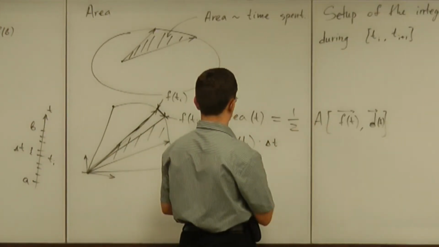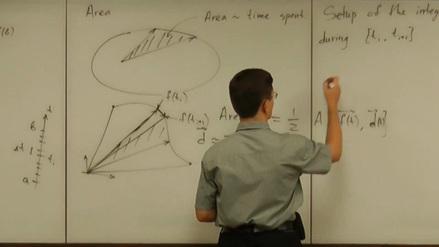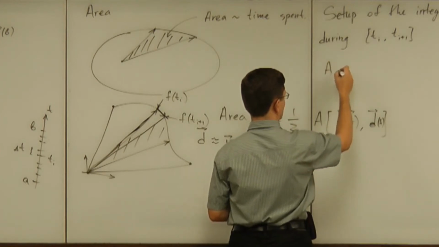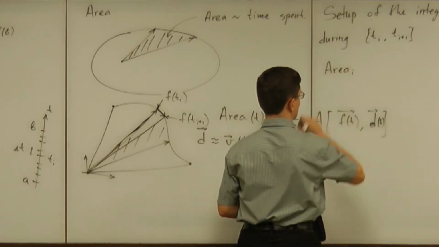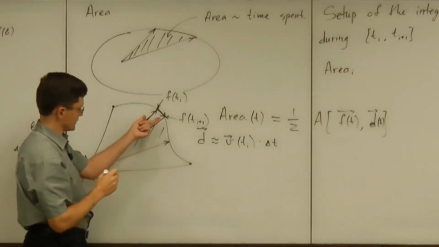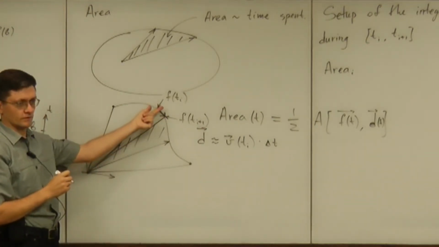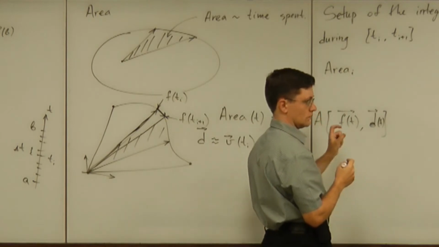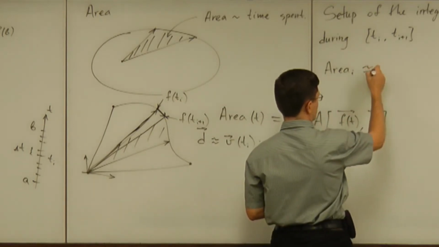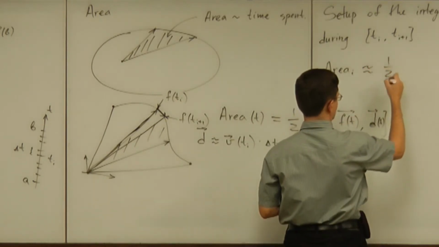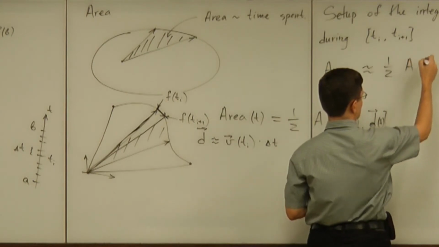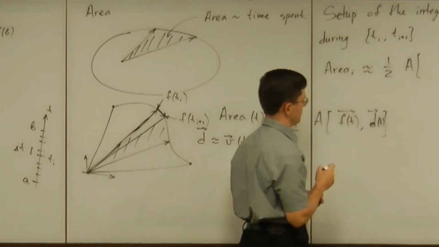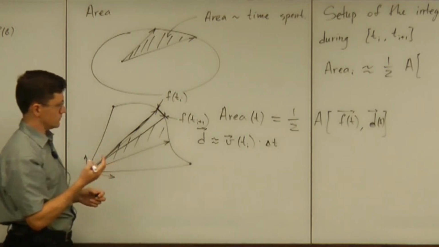So, what is it that you have? Area of this ith triangle. The contribution of ith part of the motion is approximately a half of the determinant made by two vectors.